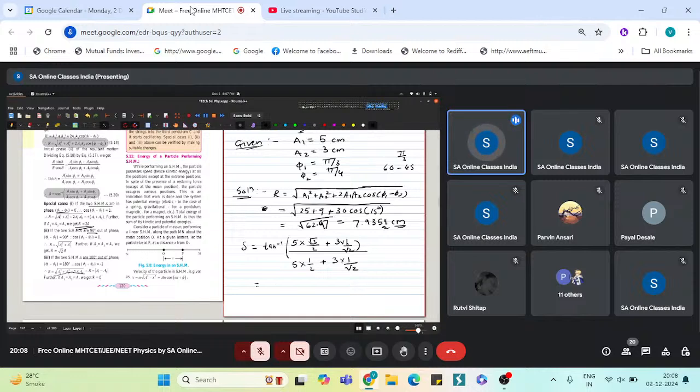I can just calculate this entire thing on the calculator, that is also fine. But for the sake of simplification, I'm just going to multiply everything.